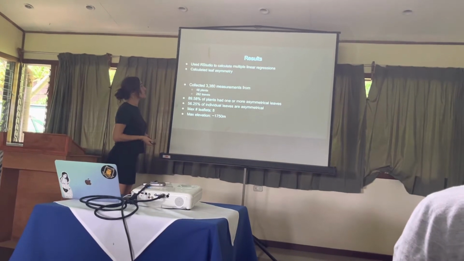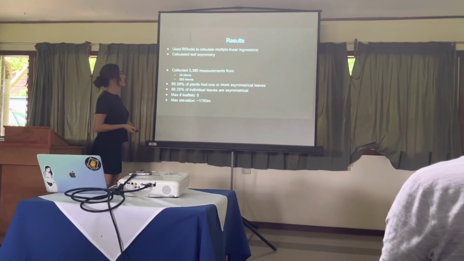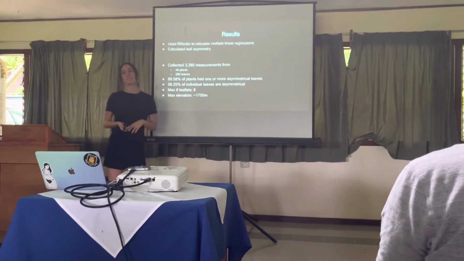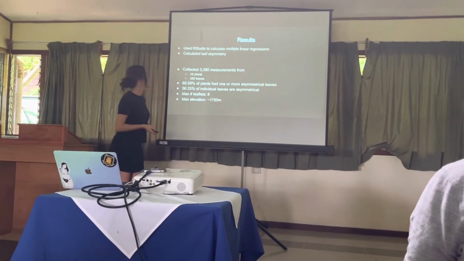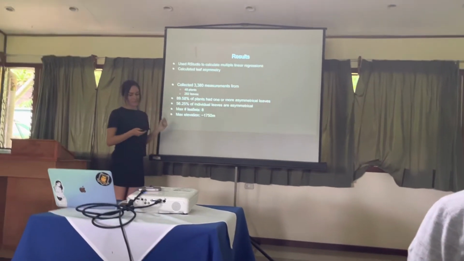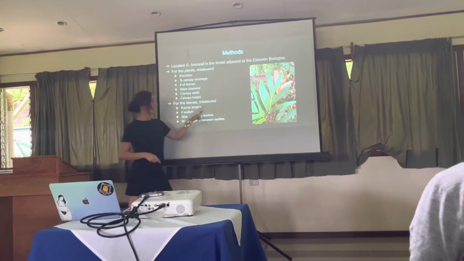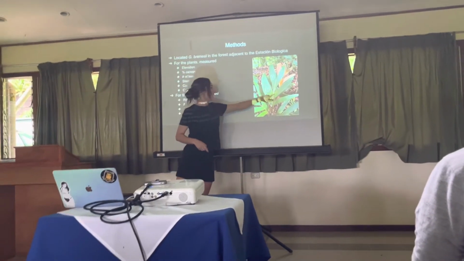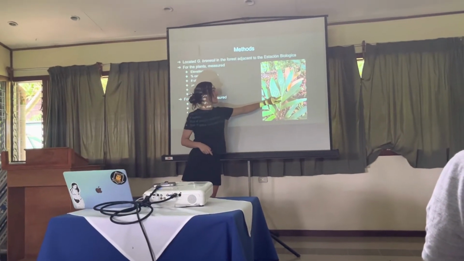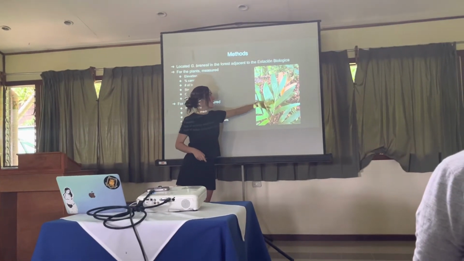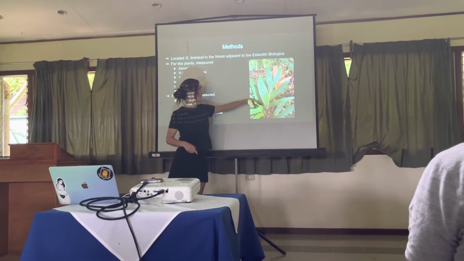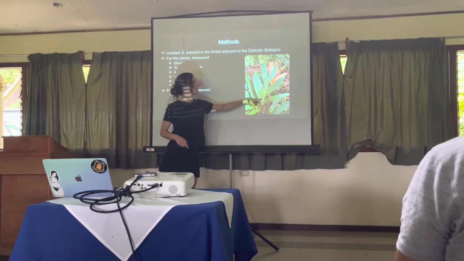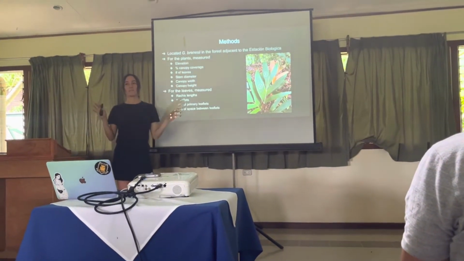Results. First I used RStudio to calculate multiple linear regressions to figure out if there's a correlation. I also calculated leaf asymmetry using the area here. Basically I would do the radius minus the length of the space in between to get the length of the total leaf area for one side, multiply it by this length, and that would give a rough area of the left side.